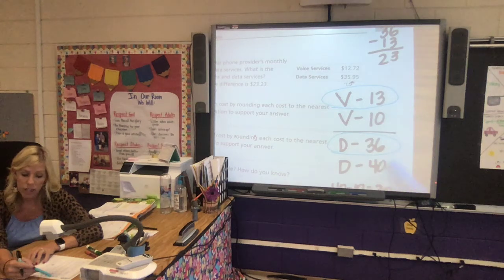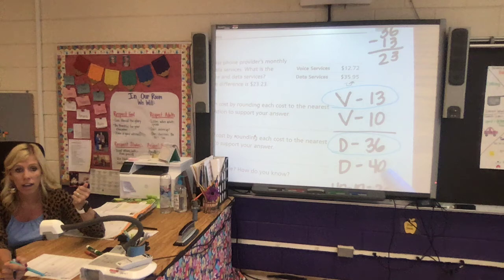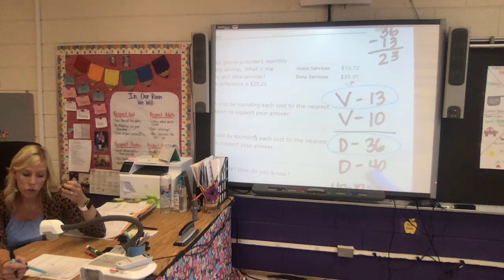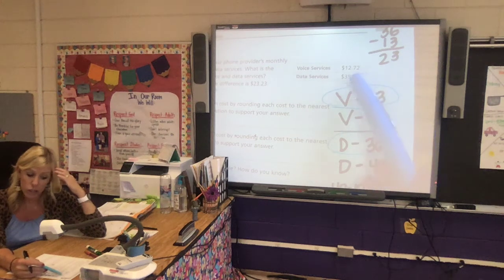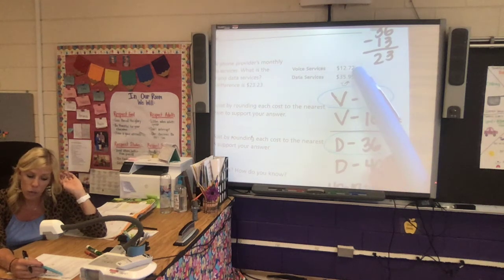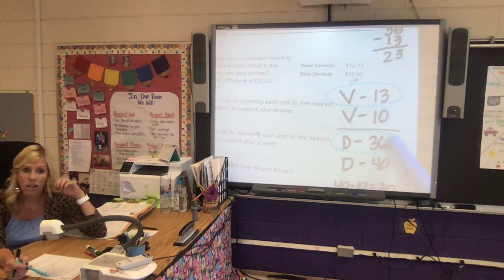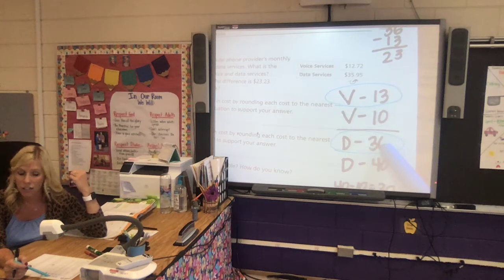So even though this estimate, your 10 and your 40, was probably faster for you to do in your head, remember, it's not going to be as exact because you changed your number more. You know, you changed 35 all the way to 40. That made a difference of $5. But in this case, when you rounded them just to the nearest $1, you didn't change them very much. So that's going to help you get a more exact answer, okay?